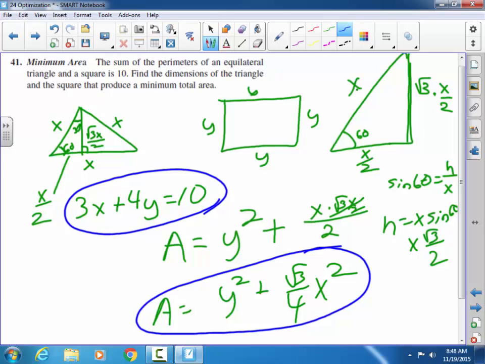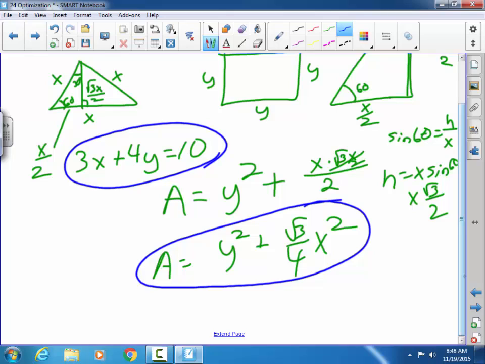Are you going to solve the constraint for x or for y? Either one will work, but looking at them, does one look like it'll help out more or make life easier, or is it just going to be ugly no matter what? Well, guessing one's a lot easier because solving for y is very annoying.